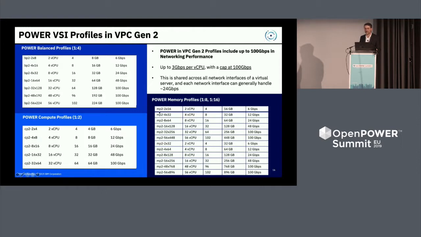So here MP2 is going to be a memory power profile, second generation, even though power is not in the classic. We're talking about exclusive power capability here in the Gen 2 cloud. So down at the bottom are even more memory intensive type of profiles that you can deploy with.